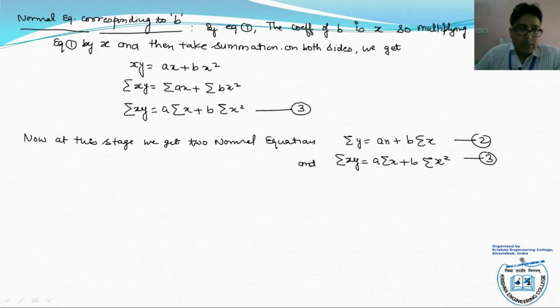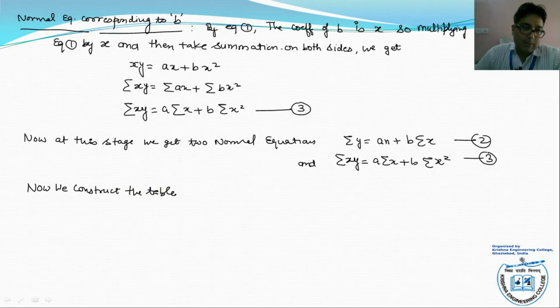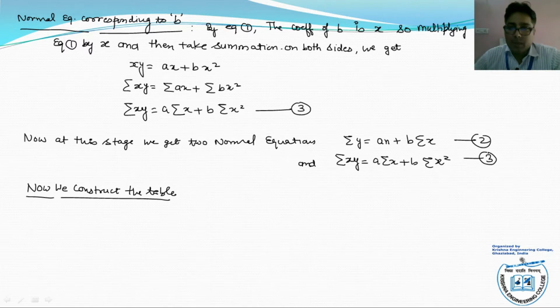Now we construct the table. From the second and third equations, we need to find the column corresponding to sigma y, sigma x, sigma xy, and sigma x square.